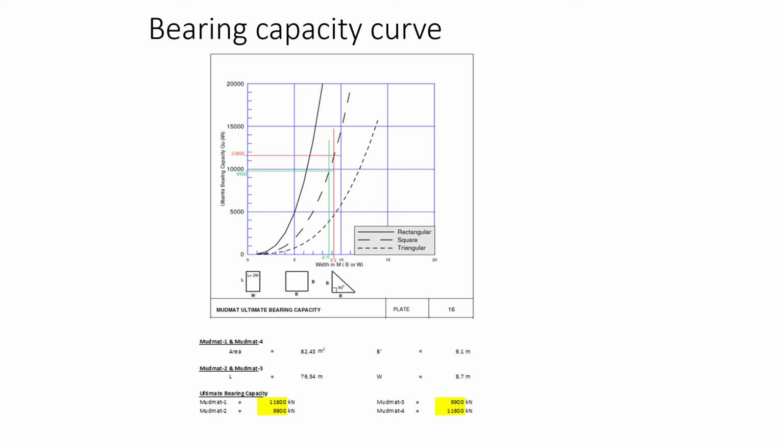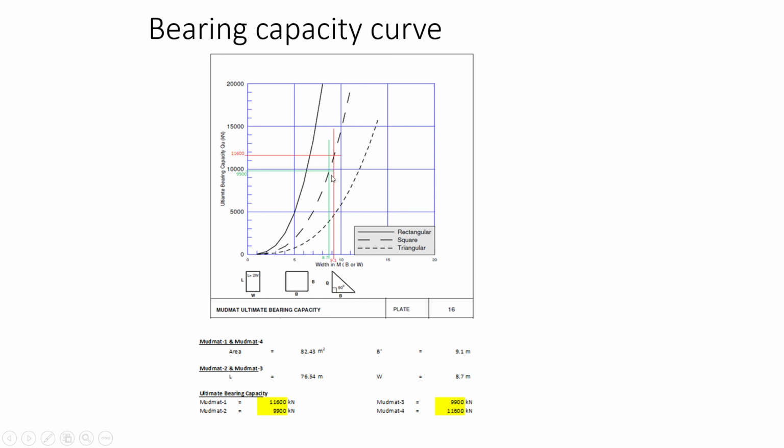Similarly, for the capacity, based upon the mud mat provided, we have to know whether our mud mat is rectangular, square, or triangular. The curve will be provided by the geotechnical engineer. From the width we can select the curve: this is for rectangular and square, and this is triangular.